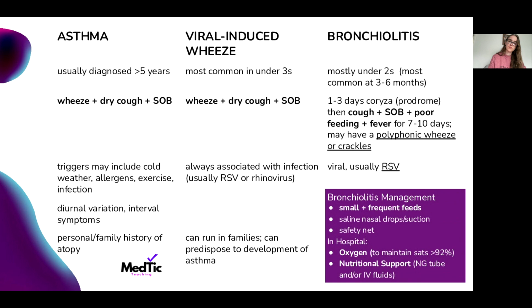But because babies have much smaller airways, any kind of constriction is going to cause this wheeze and crackle for them, so we don't really notice it now with our big airways.